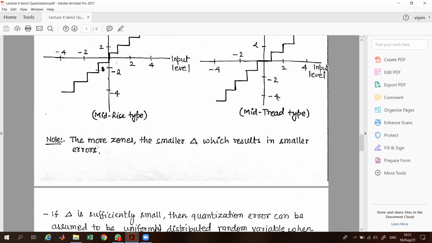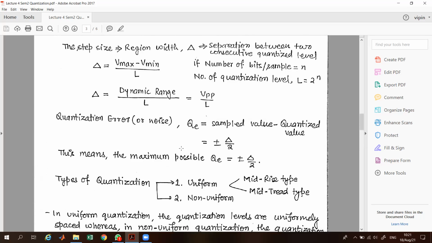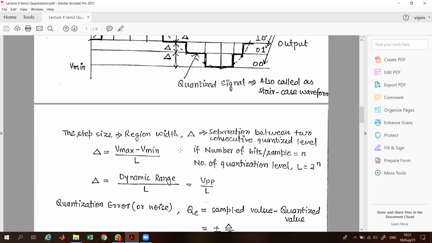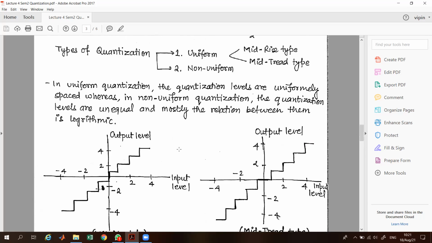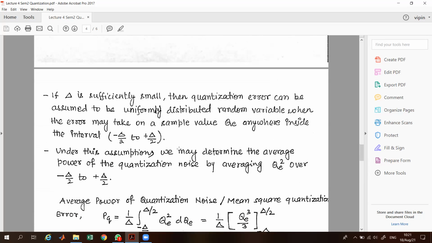There's one more thing you need to note: the more zones, the smaller the delta, which results in smaller errors. So if our quantization levels are more, the value of delta is less, which means the quantization error is less. If delta is sufficiently small, then the quantization error can be assumed to be a uniformly distributed random variable, when the error may take on a sample value QE anywhere inside the interval.